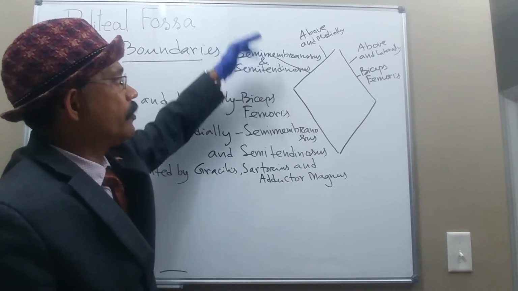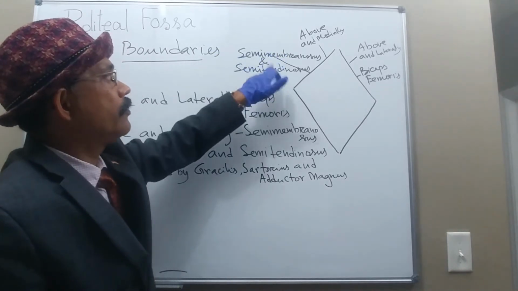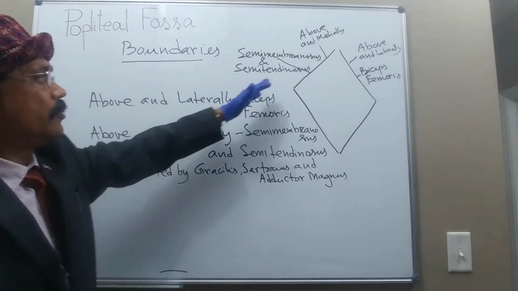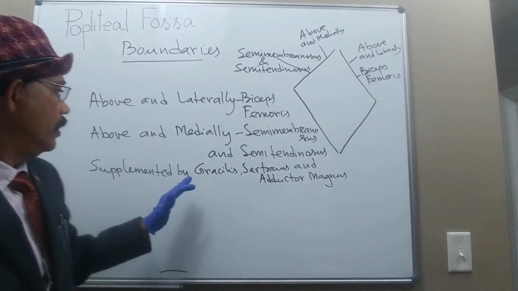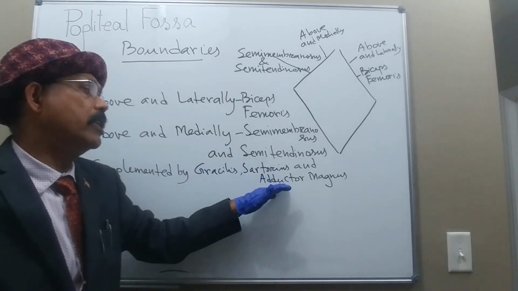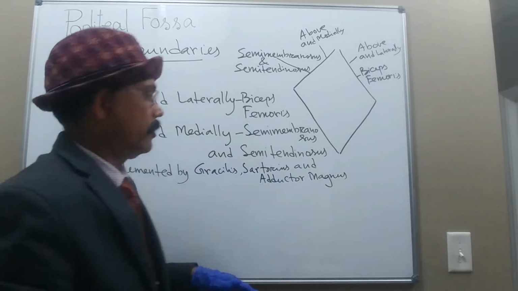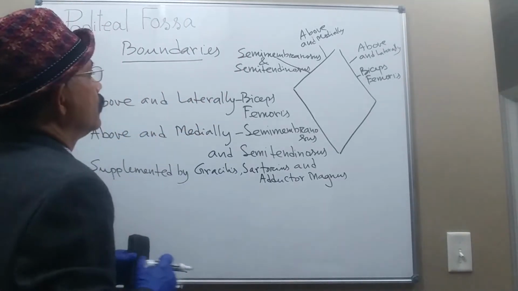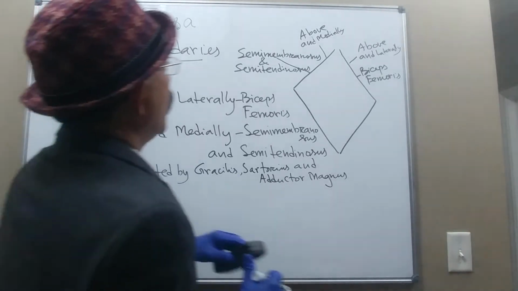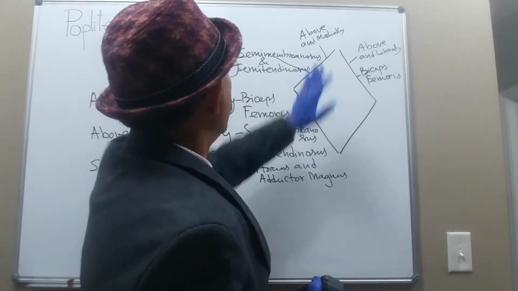The semitendinosus is superficial to the semimembranosus, and this part is supplemented by gracilis, sartorius, and adductor magnus. So we got above and laterally, and above and medially.